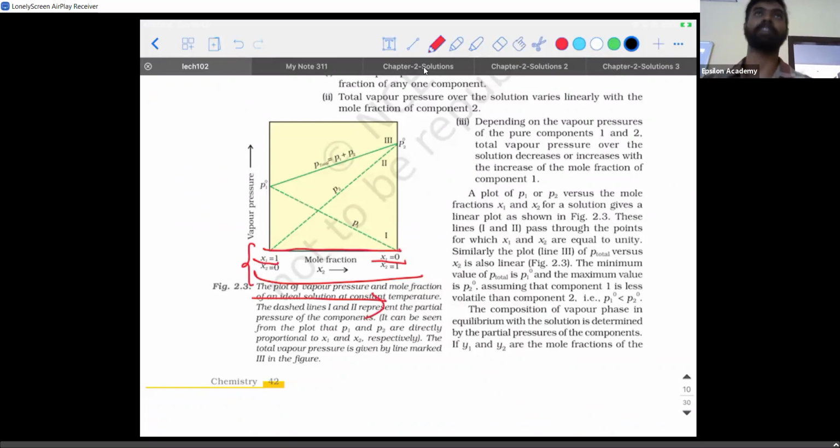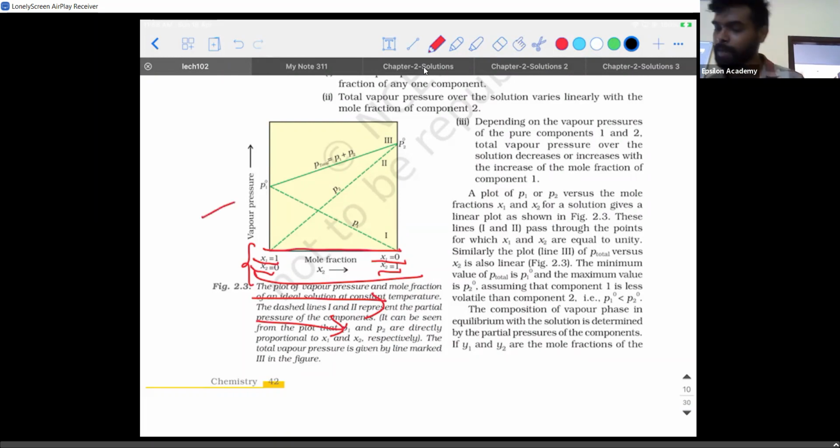Same way, here x2 is 1 and here x2 is 0. That means along this direction, the mole fraction of 2 is increasing. For 1 it is decreasing from left to right, and for 2 it is increasing from left to right. That's what is on the x-axis.